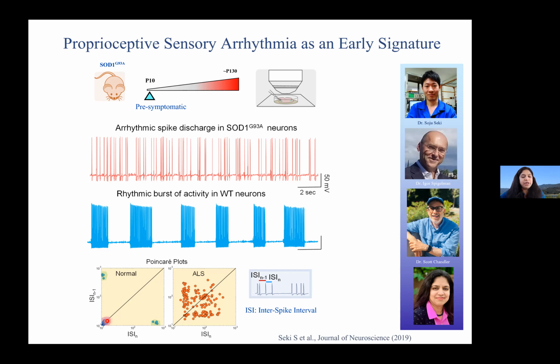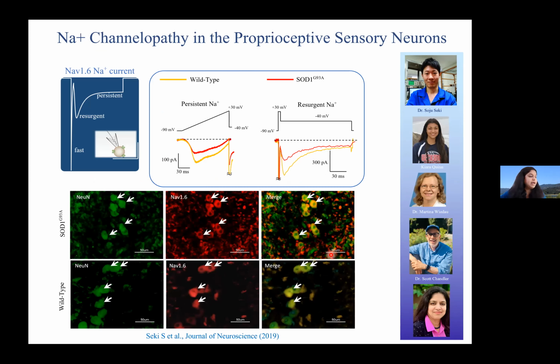So this is a Poincare plot. It's kind of highlighting the idea that in the wild type, these ISIs are distributed in a certain way, but in the transgenic mouse, it is all over the place. So it's really disturbed. So that was a key finding here. And I guess I will complete this study and then pause, and I can take that from there.